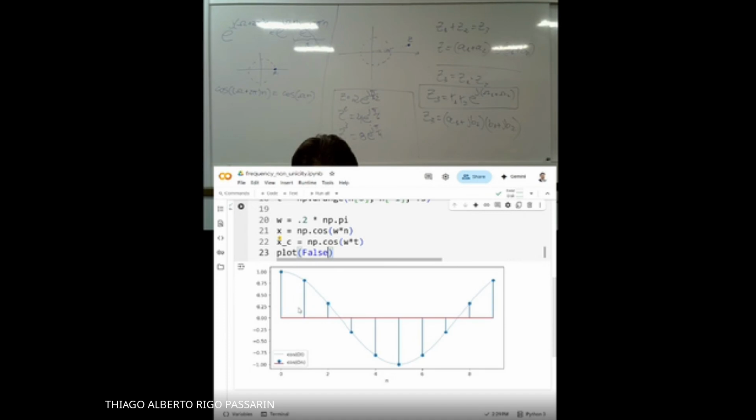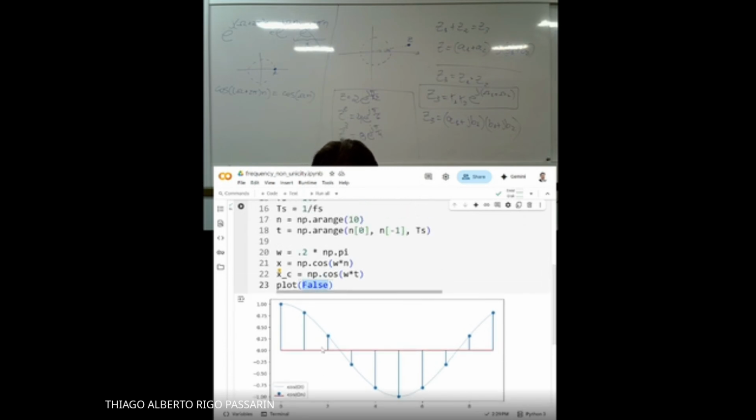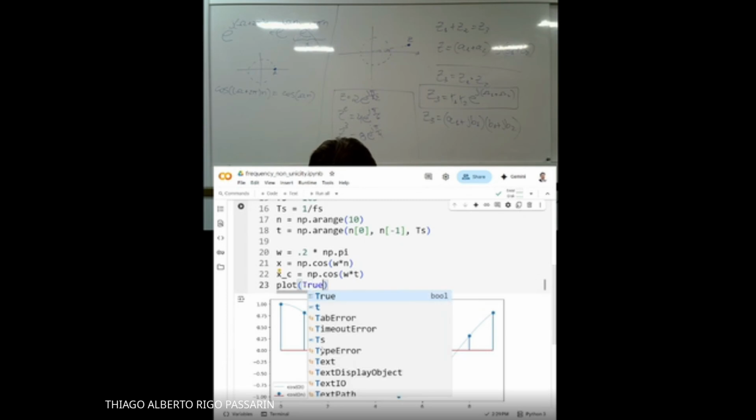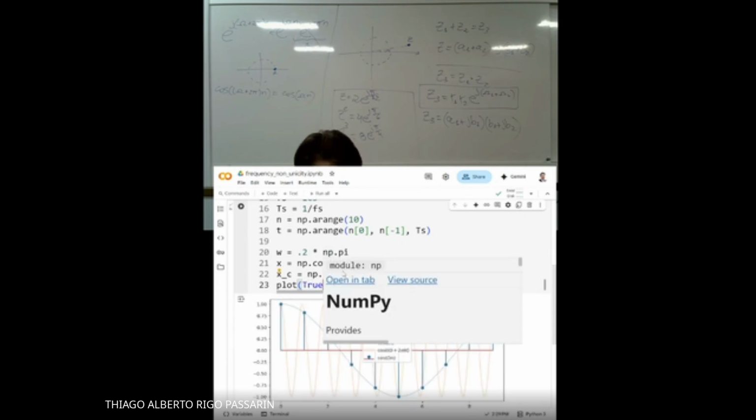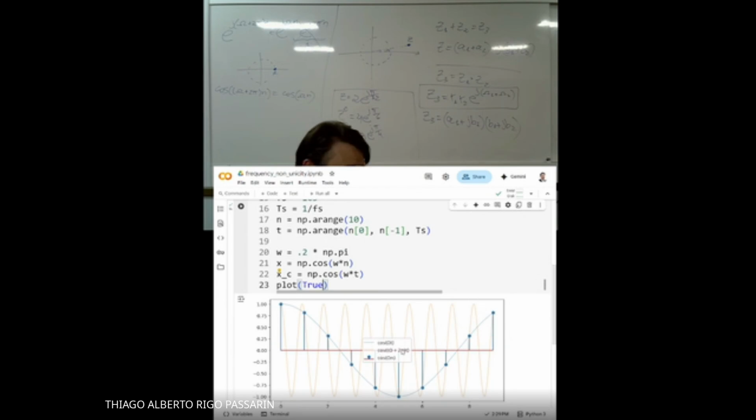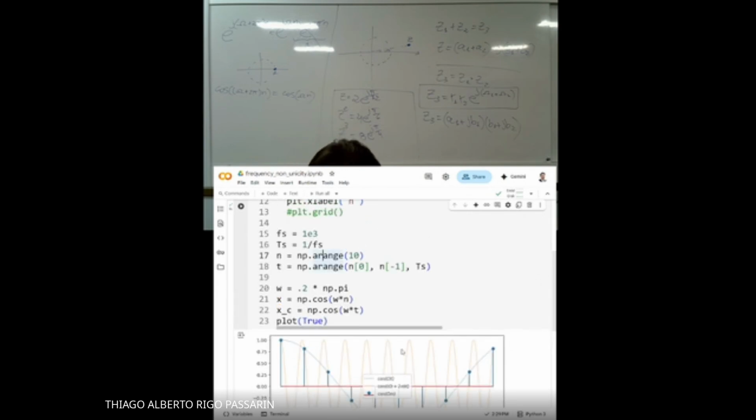This is the sampled signal. This is what the continuous signal would look like. Of course, this is also discrete, just with a finer discretization. But let's pretend it's cosine of omega t. What this function does is, if I put true here, it plots with my frequency, omega, and also with omega plus 2 pi. This is just to show you that if I add 2 pi, doesn't matter which frequency, I get the same discrete signal, the same discrete signal.